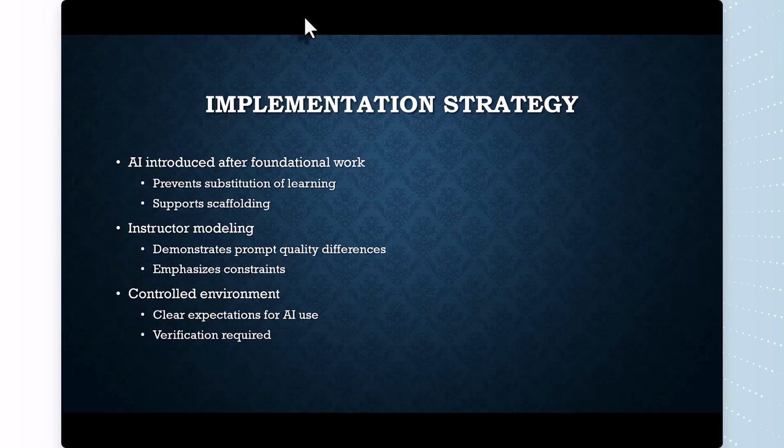We produce a controlled environment where there are clear expectations for AI use. We want them to use it, but in the proper sequence, and we want how they use it to be visible to us.